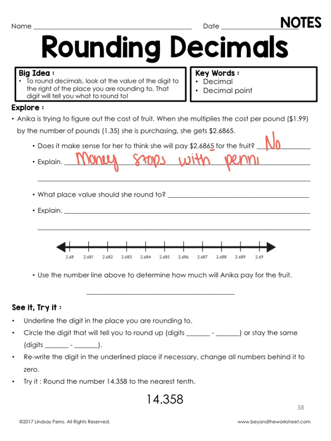So what she needs to round to is the hundredths place, right? She needs to round to the hundredths place because the hundredths place is where the pennies are, right?